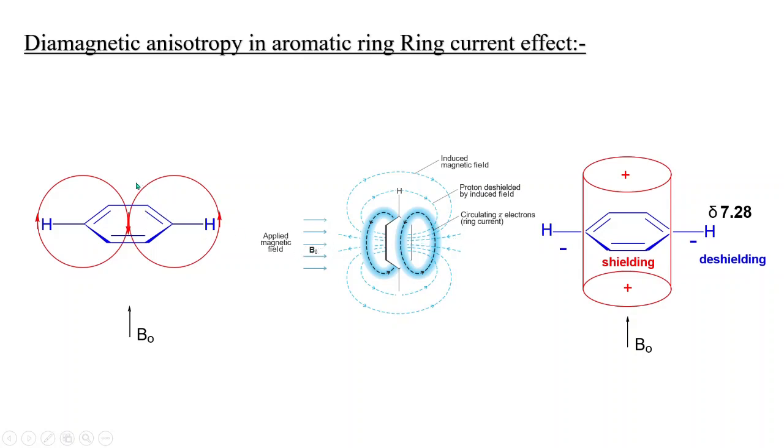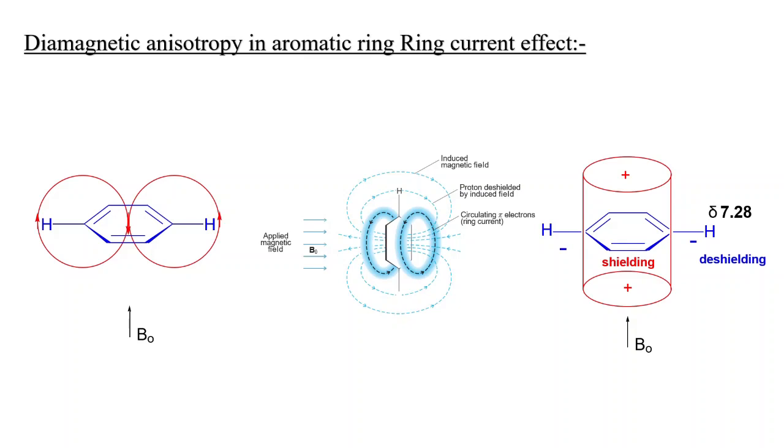You can see this is the applied magnetic field and this is the induced magnetic field, and this ring current opposes at this zone and reinforces at this zone. So this will be the de-shielding zone and this will be the shielding zone. You can see here also this is the shielding zone and this is the de-shielding zone, and the protons which are in the de-shielding zone will come around 7.28 delta value.